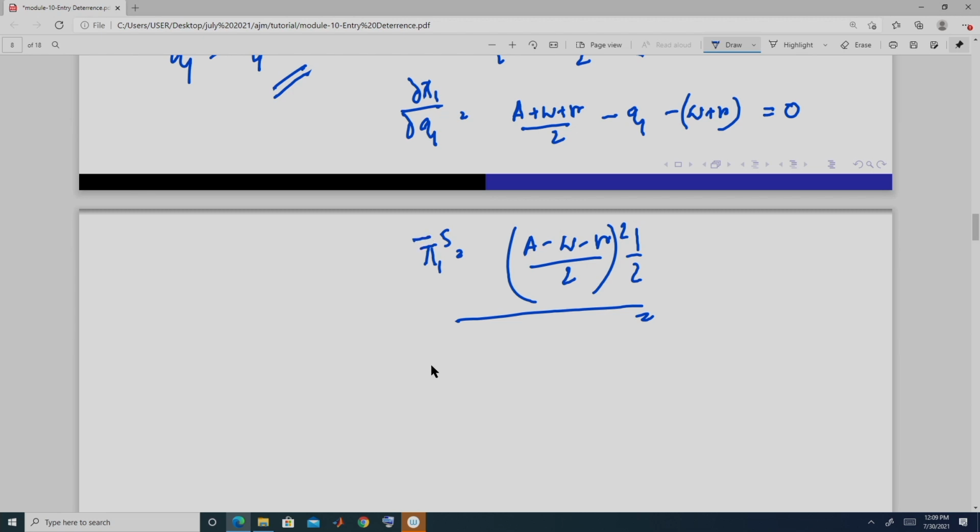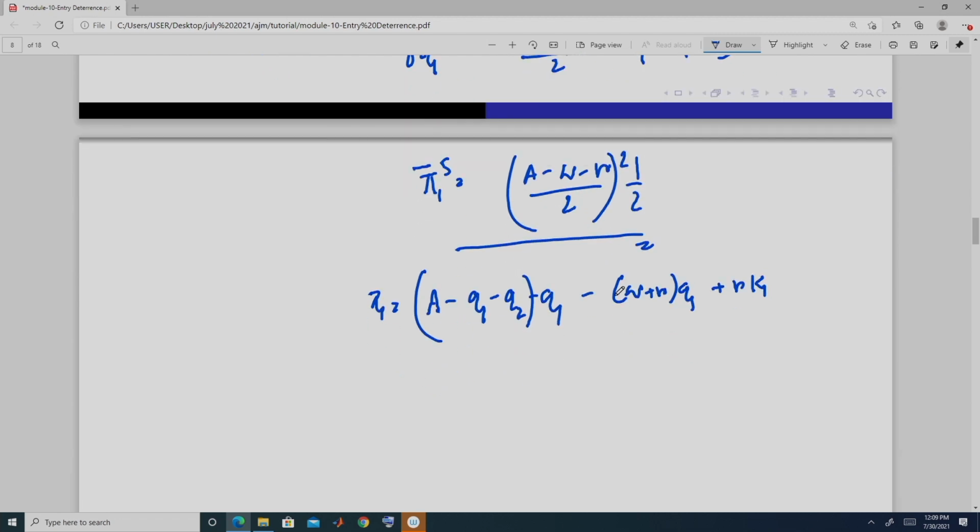Okay. Or you can simply take this and then go ahead. And this A is this is the, now when Q2 is 0, Q2 is 0 and fix this profit at the Stackelberg outcome.